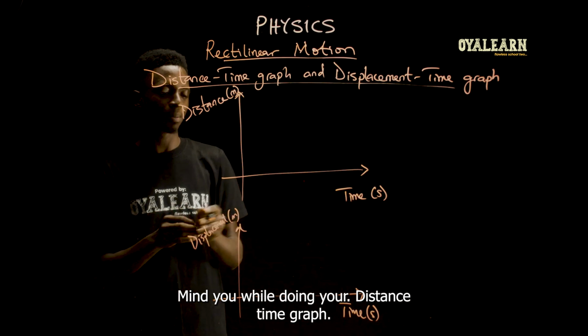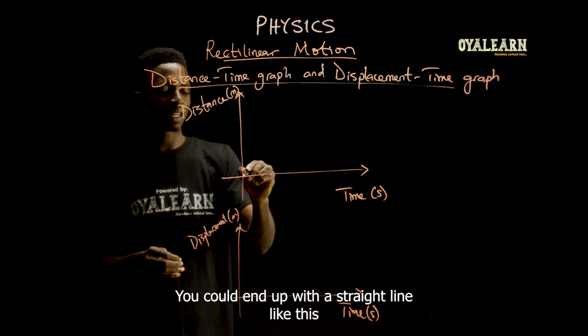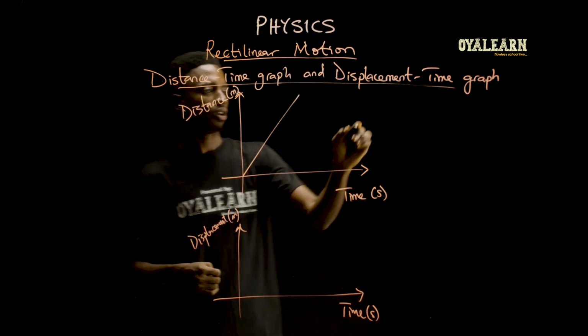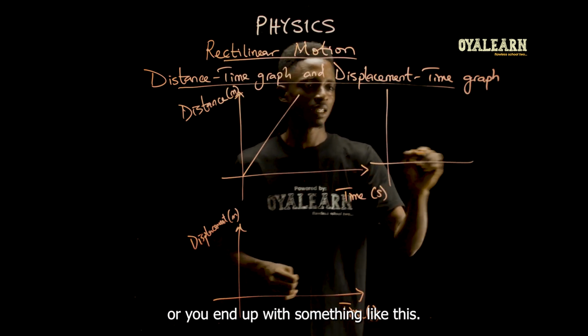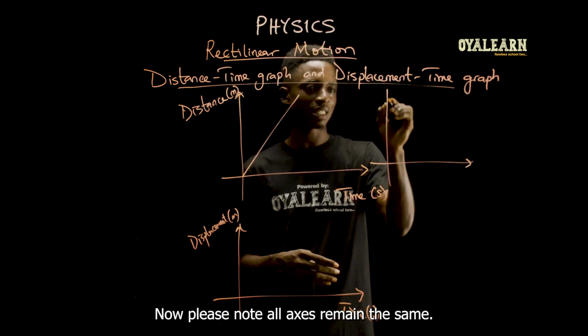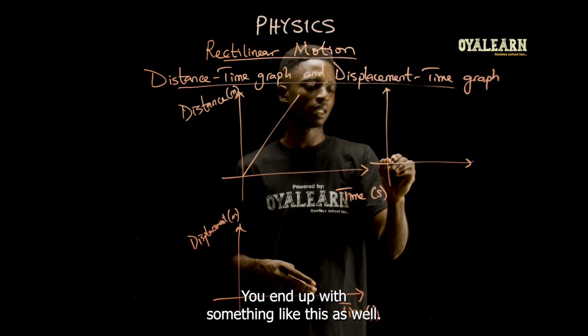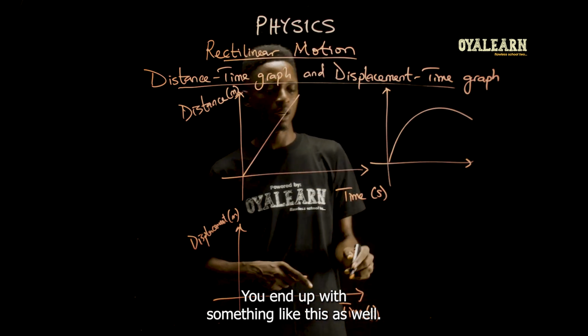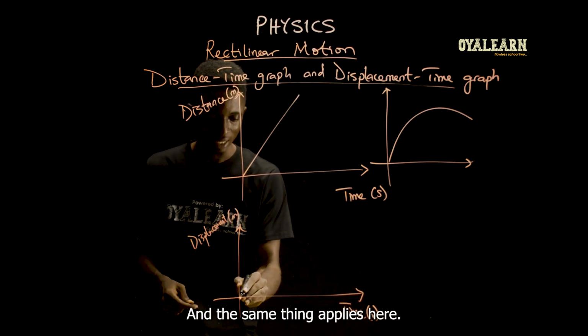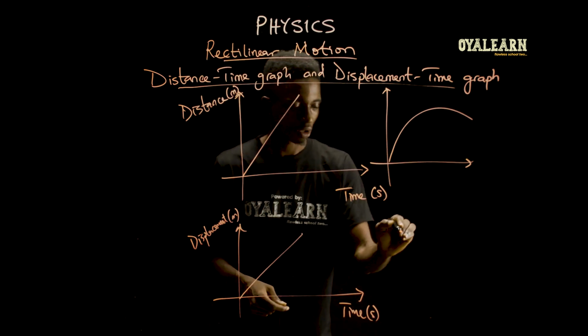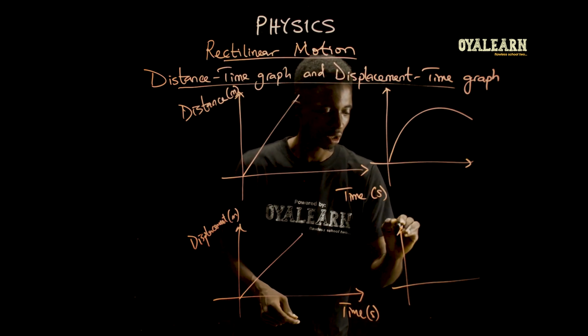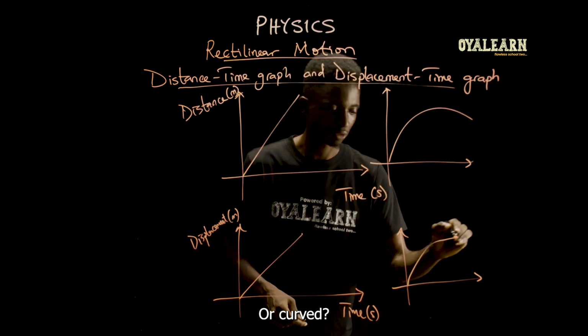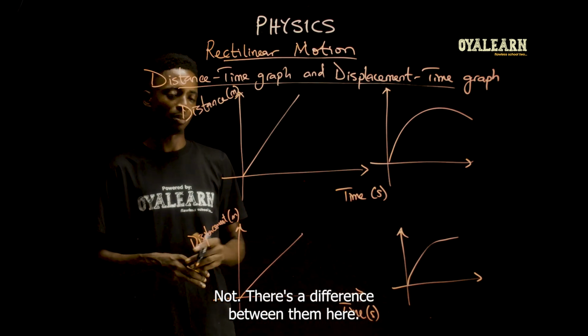Now, whenever you create this kind of graph and you have different plotted points there, while doing your distance time graph, you could end up with a straight line like this, or you end up with something like this. Please note all axes remain the same. You could end up with something like this as well, and the same thing applies here, something straight or curved. Now there's a difference between them here.